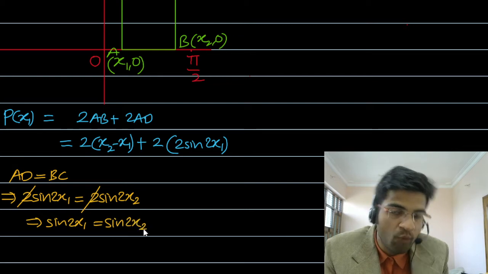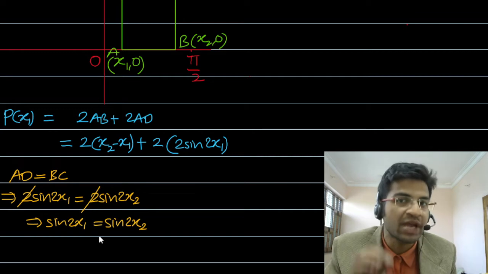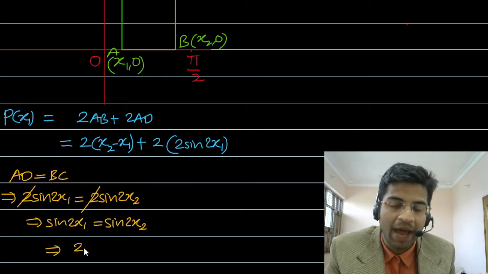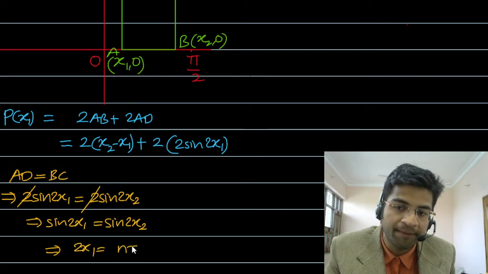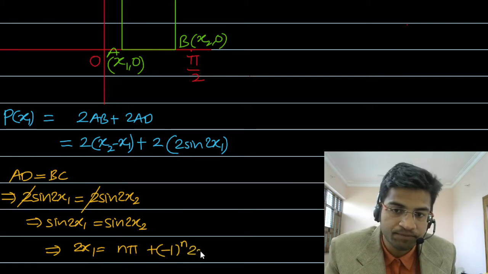I hope you must have studied in trigonometry that if sine 2x1 is equal to sine 2x2, we can say 2x1 is equal to n pi plus (minus 1) to the power n into alpha, and over here alpha is 2x2.